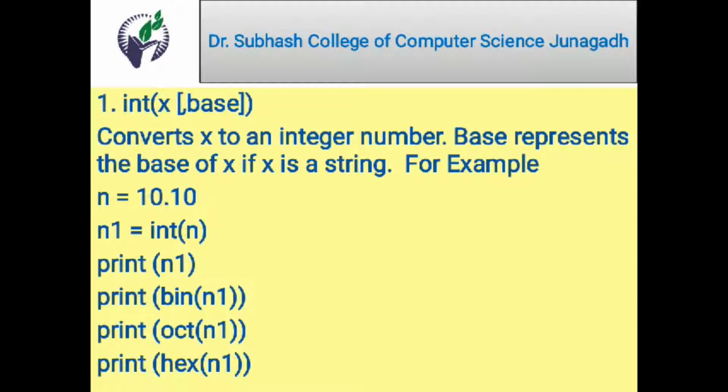Same way, oct of n1, that is integer 10, it's octal. What will be the octal? It will give you the octal value of number 10. How do you calculate the octal number of a given number? Here you divide the number 10 by 8, and store the remainder.